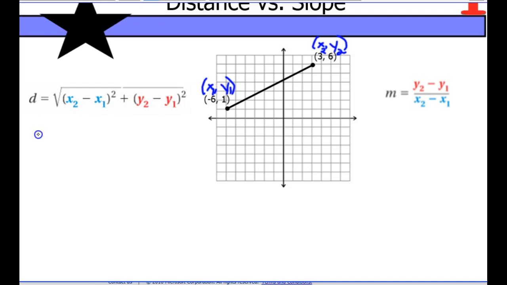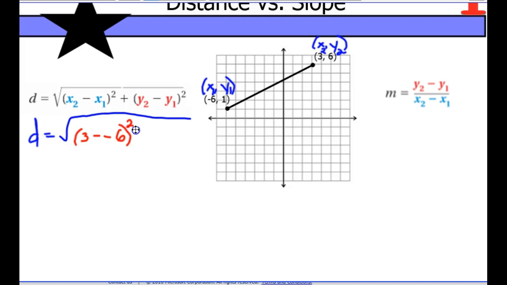So what we're going to have is D equals the square root of x2 minus x1. Well, x2 we said was 3, so we're going to have a 3 minus our x1, which we said was -6. So we have a -6.